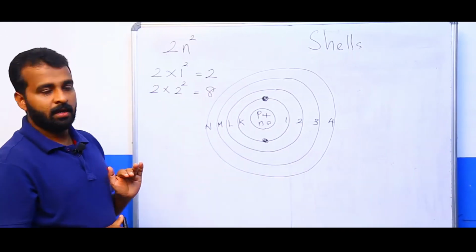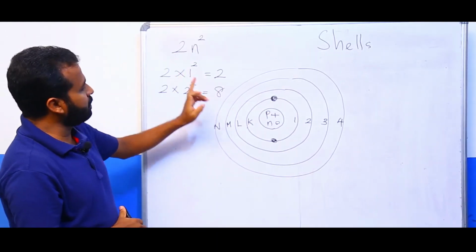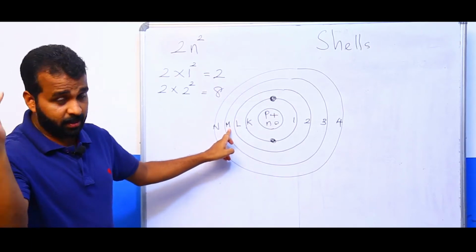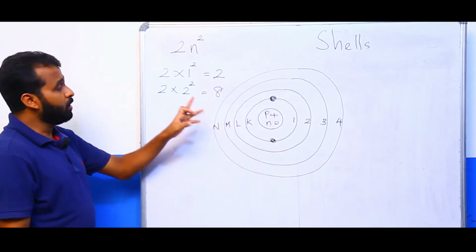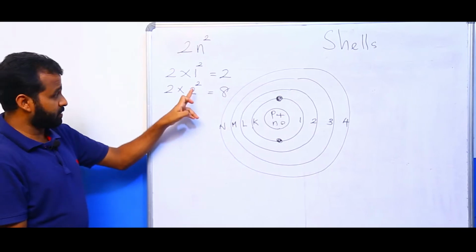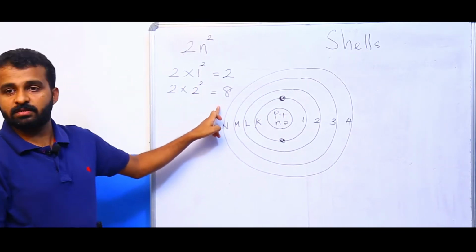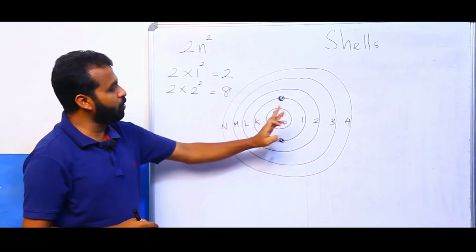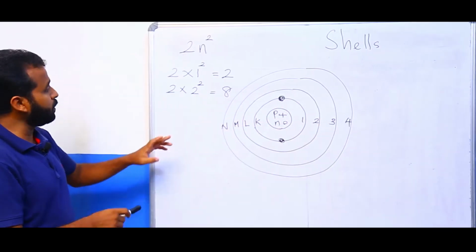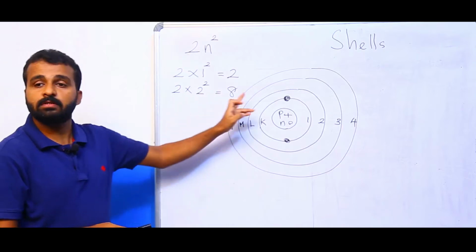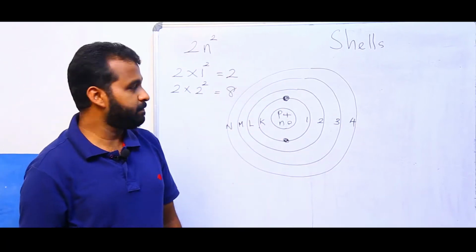Good. How many electrons are there in the M shell? 18 electrons. Good. How is it possible? 2 into 3 square. 3 square means 9. 9 into 2, 18. Then what about the fourth shell? 2 into 4 square. 4 square is 16. 16 into 2, 32.